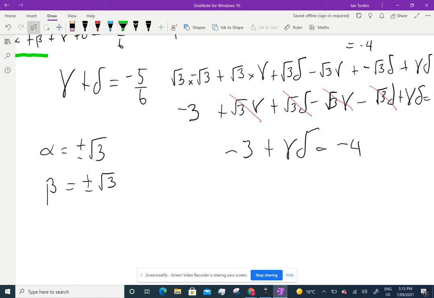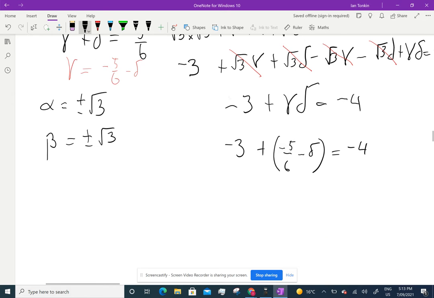But over here, I know that I can rewrite gamma in terms of delta, because gamma equals minus 5 on 6 minus delta. So here I'll go minus 3 plus gamma delta, that is minus 5 on 6 minus delta, equals minus 4.